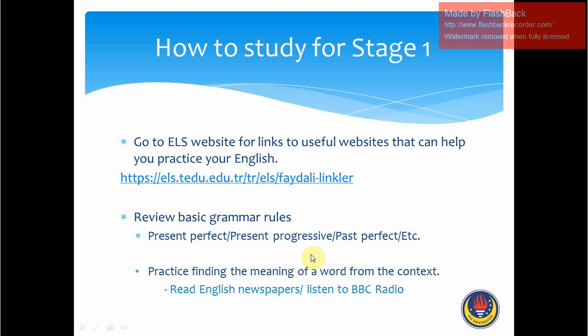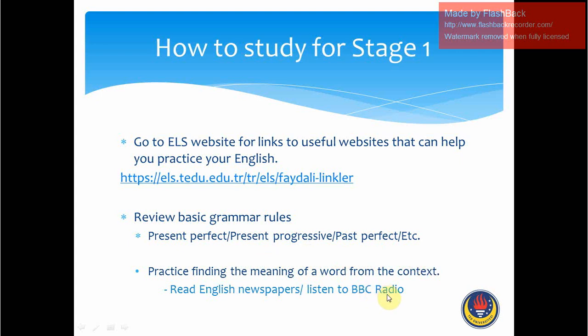Just get an understanding of them. If you Google present perfect, you'll get a worksheet. Try to complete those worksheets. Just get used to doing grammar questions. And of course, it's always good to practice finding the meaning of a word from the context. This will help you in vocabulary.